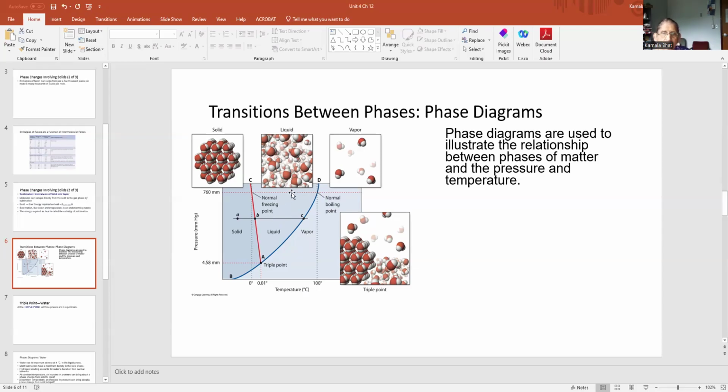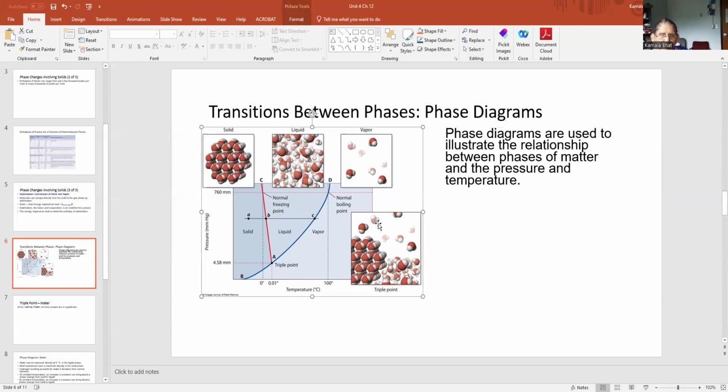In order to do that, we can see that this is a phase transition for water. And so what we see is that we have a solid phase, a liquid phase, and a vapor phase.